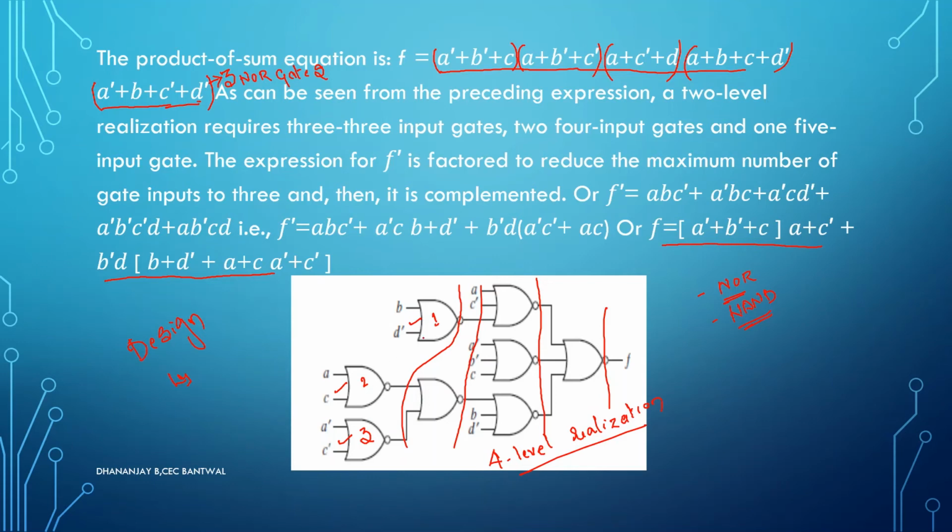Maybe it is possible at some point, but most of the times it is not possible. Whereas it is possible to ask you people to realize the expression using only NOR gates, or realize the expression only using NAND gates. This is possible.